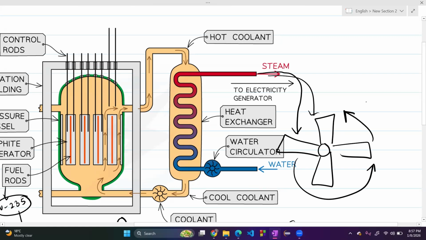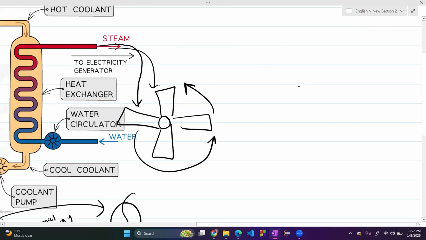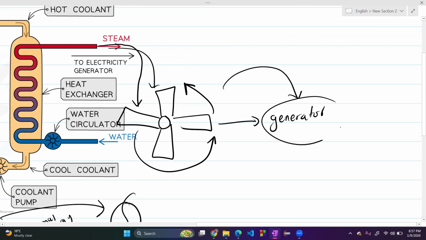As the turbine starts to rotate, it is connected to a generator, so it causes the generator to rotate as well and start up. As the generator starts up, it produces electricity. That electricity is then passed to the national grid, and from the national grid it comes to the consumers.